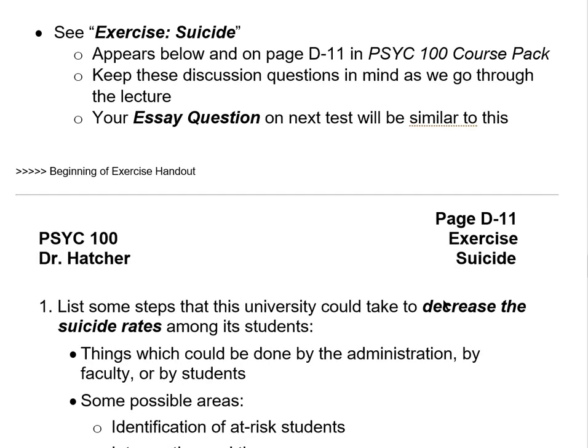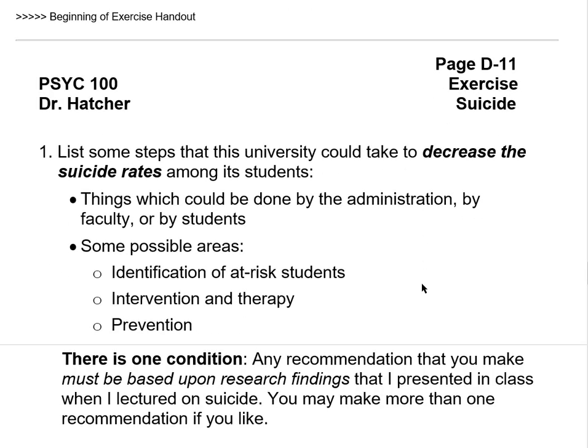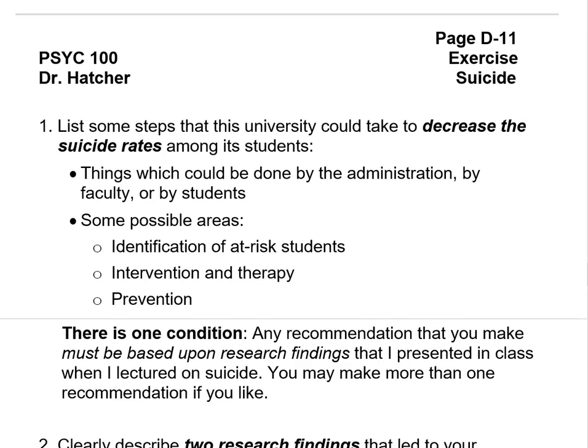You don't necessarily need to pull it out of your course pack because I have retyped it and inserted it here. What you're about to see is exactly what you'd see on page D11, my exercise on suicide. These are the questions that I want you to have in mind as I go through the lecture material.